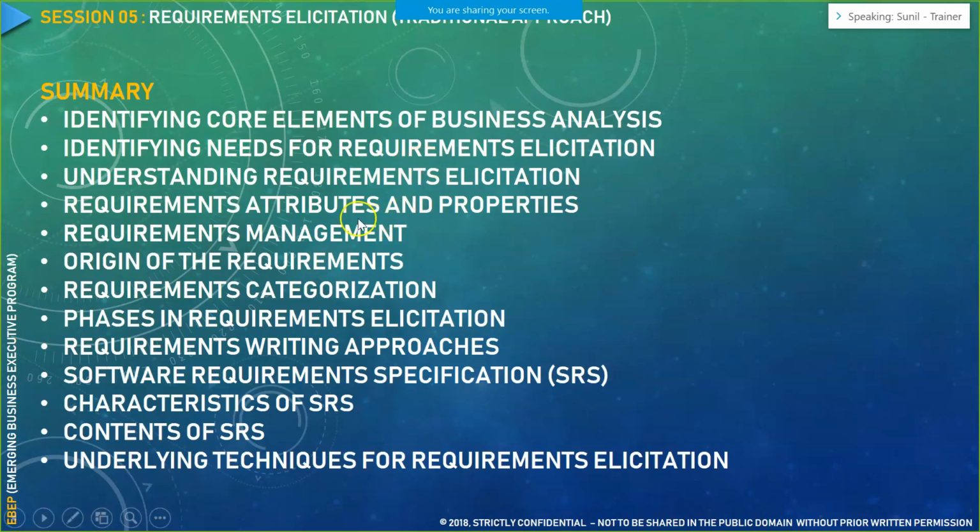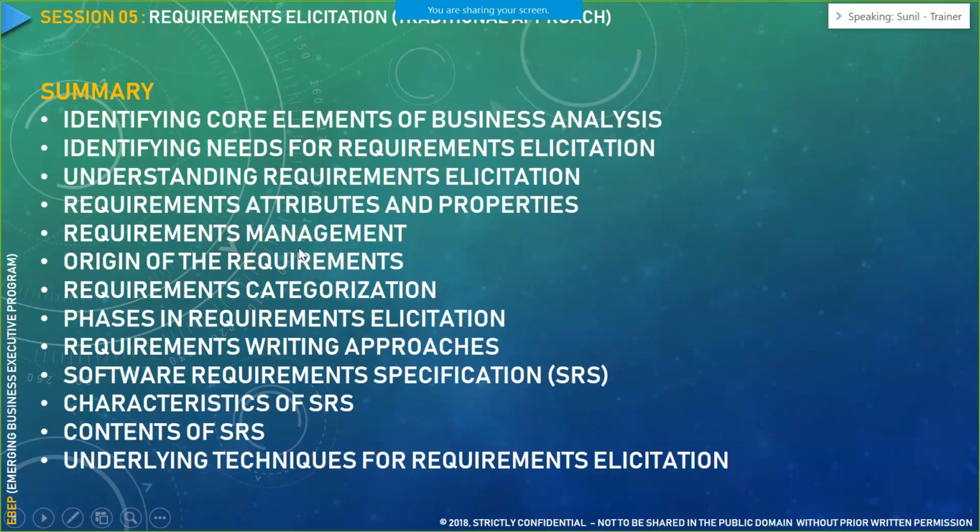Then we saw the difference between requirement attributes and properties, like the properties could be the simplicity of the requirement, or the ambiguity of the requirement, or it may pertain to the testability of the requirement. Those properties we saw. Then we saw some of the requirement management.